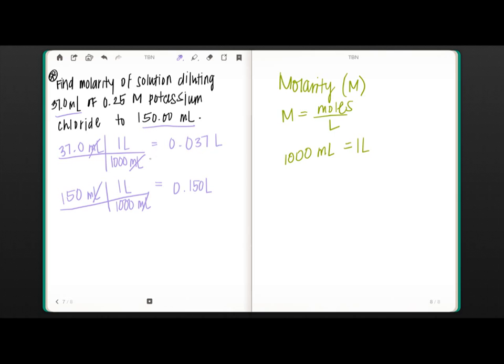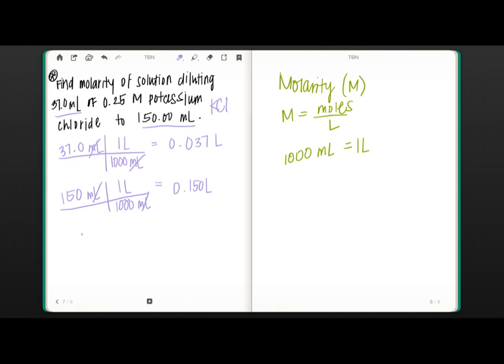Then you have to know what you're trying to find. You're given 37 mils of a 0.25 molarity solution of potassium chloride. Note that potassium chloride is written as KCl. What I would do first is find the moles of potassium chloride you have. Whenever you're diluting a solution, I picture it like diluting Gatorade.